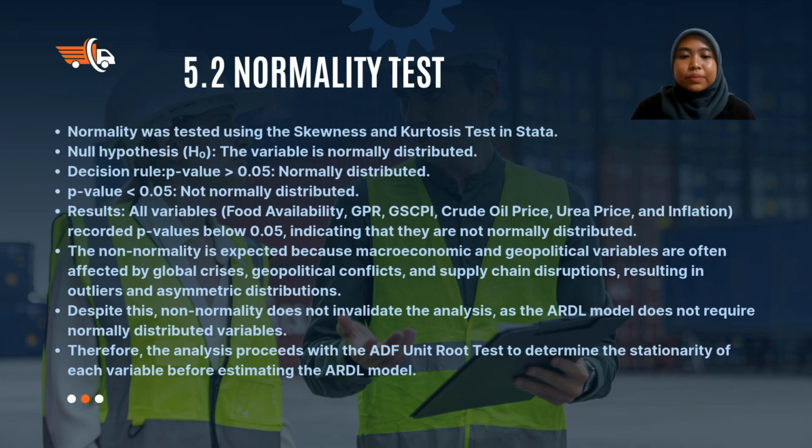This result is expected because the variables represent macroeconomic and geopolitical conditions, which are often affected by global crises, supply chain disruption, and geopolitical conflicts that create extreme values and asymmetric distribution. However, this does not affect the analysis because the ARDL model does not require the variables to be normally distributed.